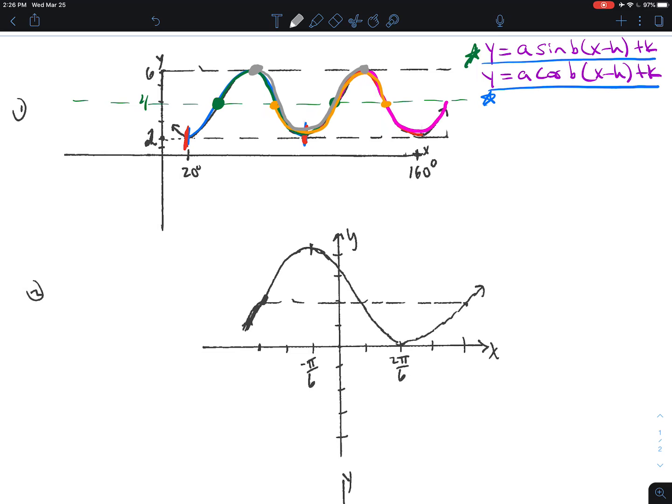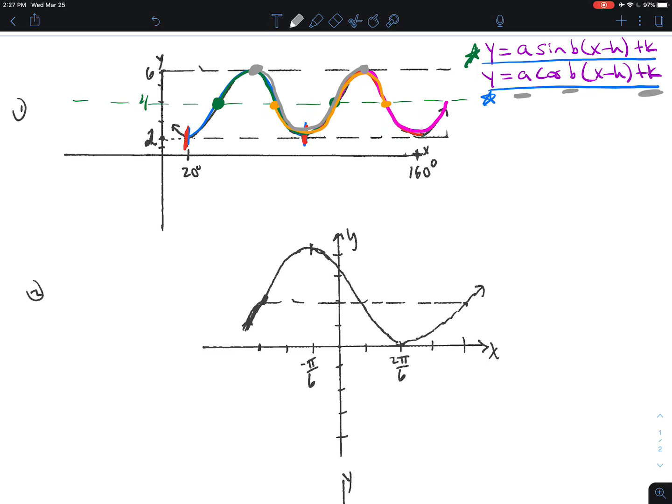So while some students might choose sine, some students might choose cosine, some may go inverted or not. What's not going to change is the frequency, the vertical shift, and with frequency also is then the period, and lastly the amplitude. Those are all going to be the same. So a, b, and k, regardless of what you do, will be the same value.